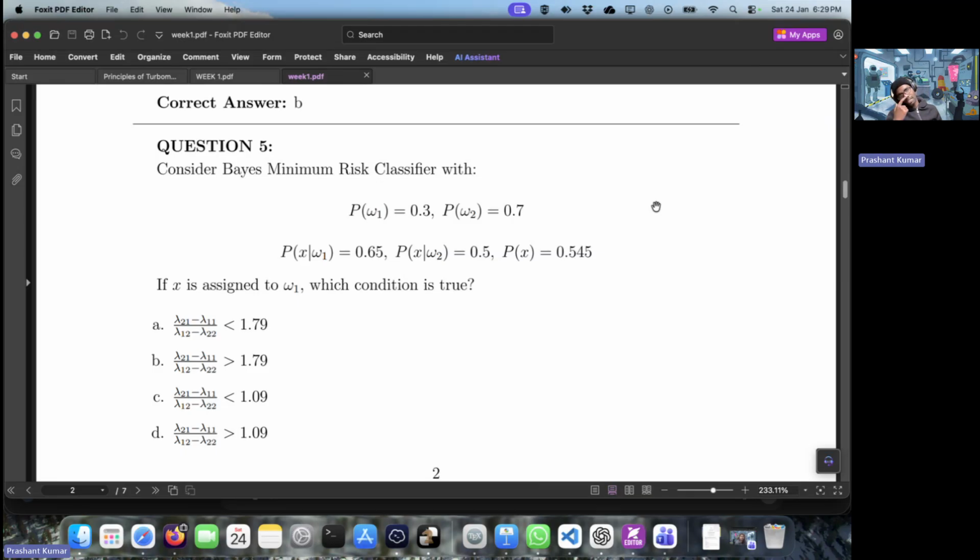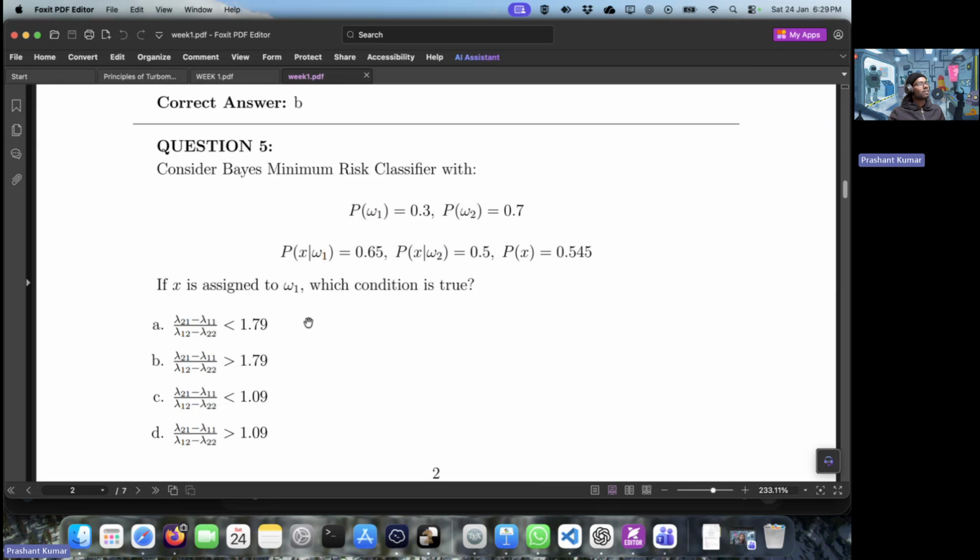The formula is: P(x given W1) divided by P(x given W2) is always greater than (lambda 12 minus lambda 22) divided by (lambda 21 minus lambda 11), times P(W2) by P(W1).